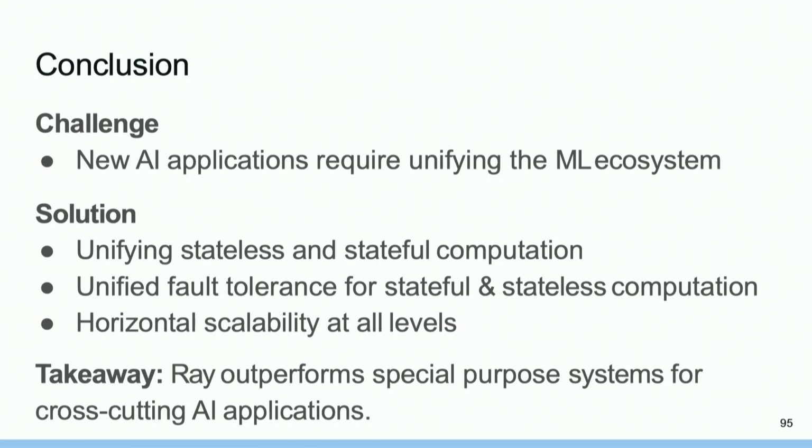And we provide a unified system for supporting all these workloads by unifying stateless and stateful computation, and also providing a unified fault tolerance model. The system is horizontally scalable at all levels, and so provides very high throughput and low latency tasks. As a takeaway, Ray can outperform special purpose systems for these cross-cutting AI applications. Thank you for your attention, and I'm happy to take questions.